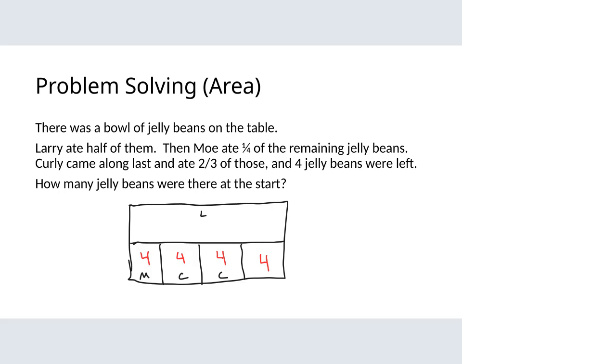And when I go to look at the top, and this is an important part of this, I need to section it off into pieces that are that same size, because a piece of that size represents 4 jelly beans. And so now I can see how many jelly beans were there at the start. 4, 8, 12, 16, 20, 24, 28, 32.